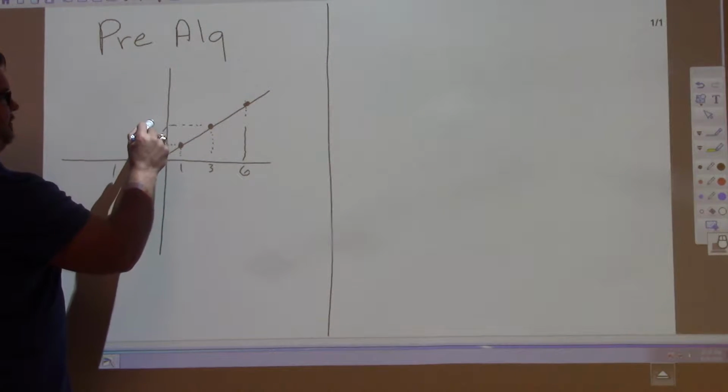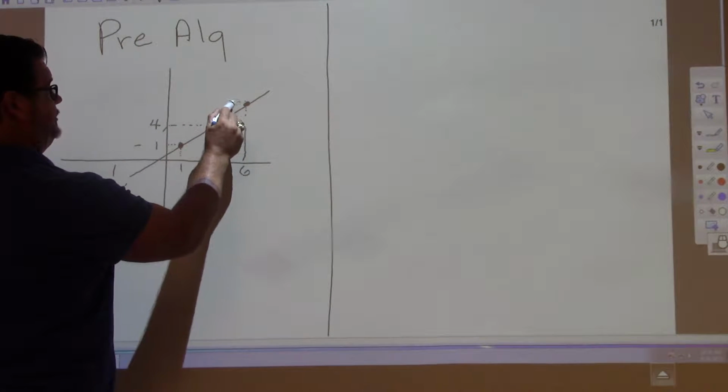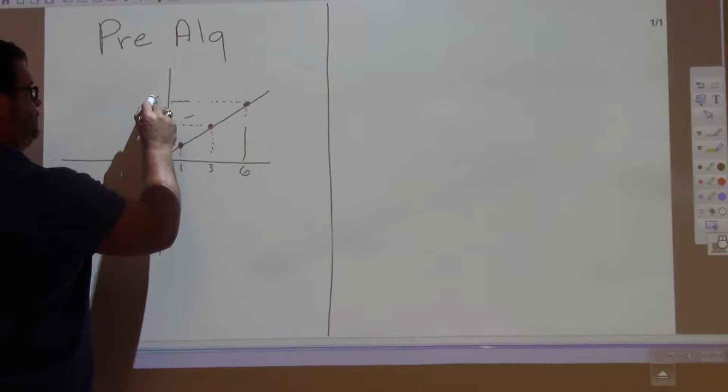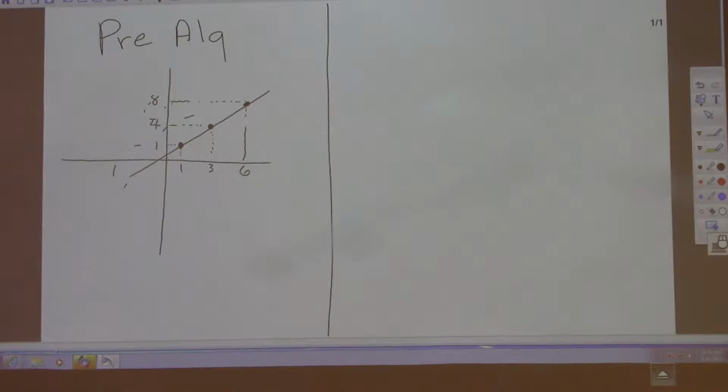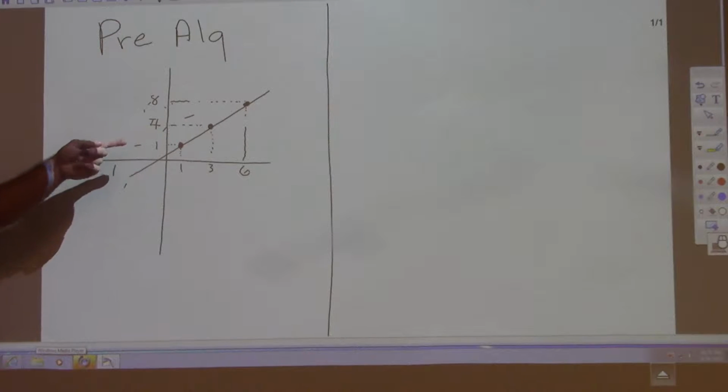let's say this is 4. And let's say this is 8. Okay, I just put some numbers up there because I don't have any graph paper behind there. Let's say that the 1, 4, and 8 are not here.